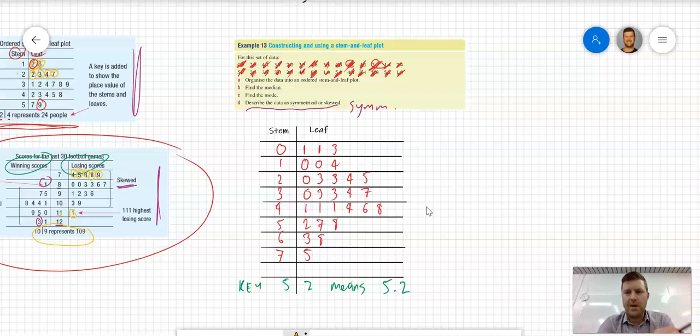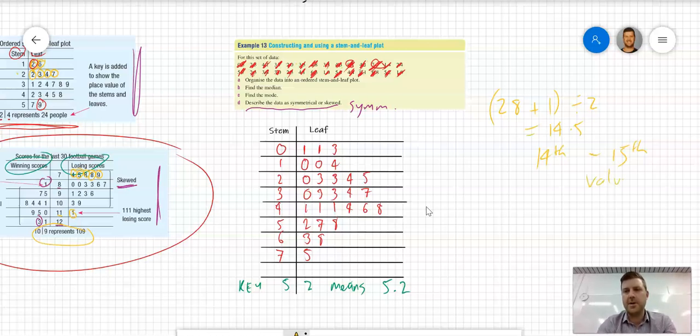So the middle number, if there's 28 data points, to find the median when it's all ordered, you can do 28 plus 1 divided by 2, which in this case is 14.5. So my median value is going to fall in between the 14th and 15th value.